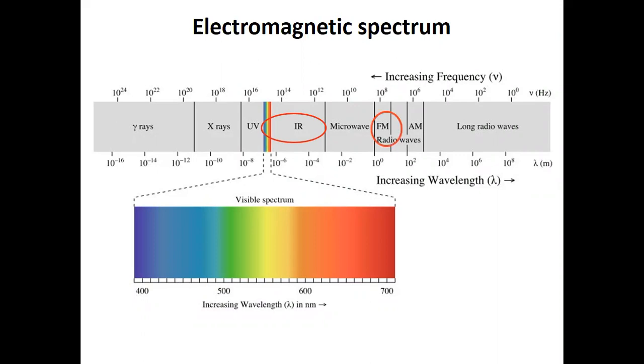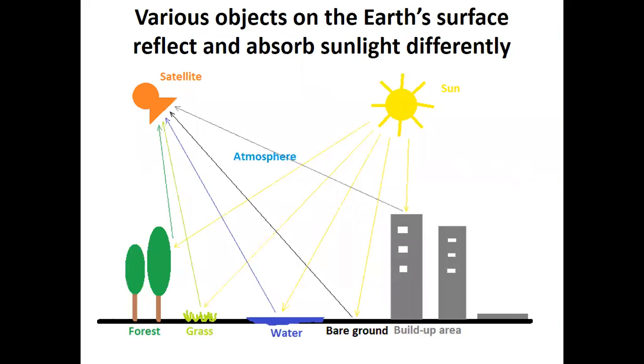But there are also satellites equipped with sensors which could detect radio waves. But this type of satellite usually works in a little bit different way. If you remember these pictures, this is how an optical satellite works.